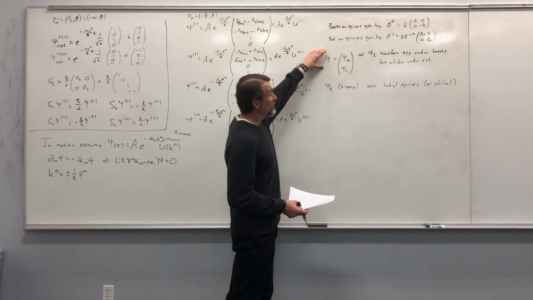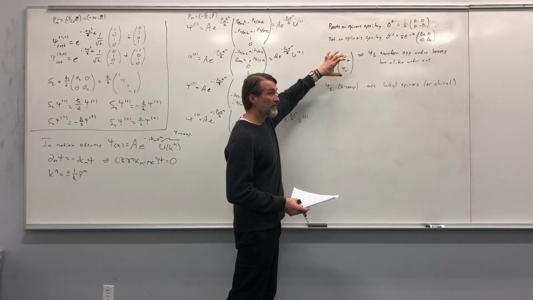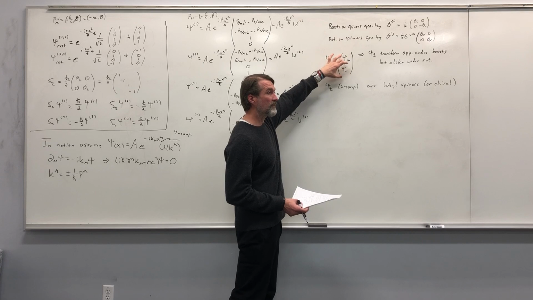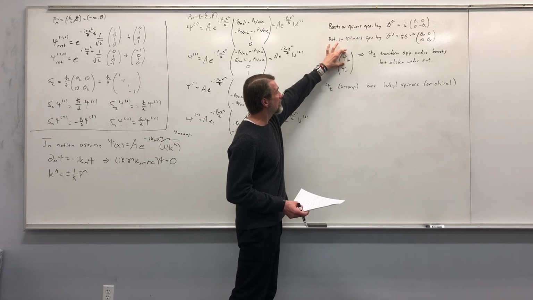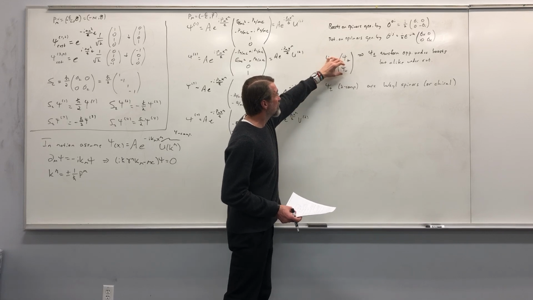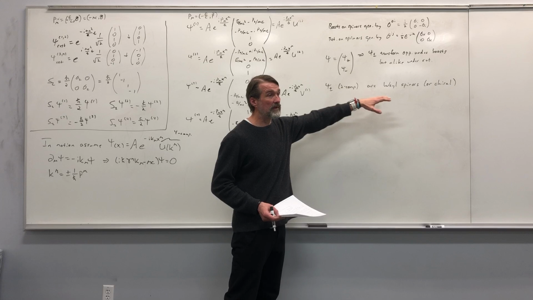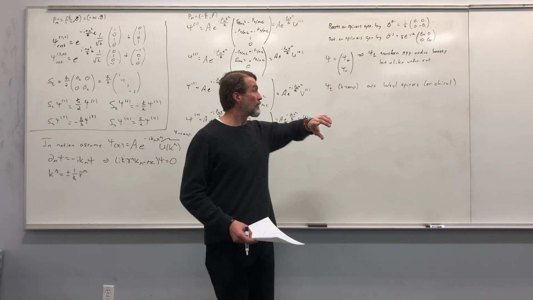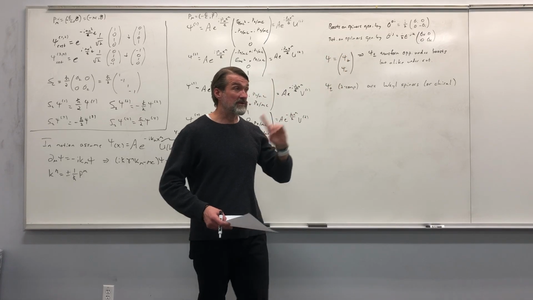So again, the full spinor is 4 components. I can take the upper 2 and the lower 2, and this plays a certain role, this plays a different role. Now I'm going to consider this 2-component thing and this 2-component thing, give them different labels. These 2-component objects are called Weyl spinors. And don't worry, why you've got 2-component objects versus 4-component objects is going to be clear in just a second.